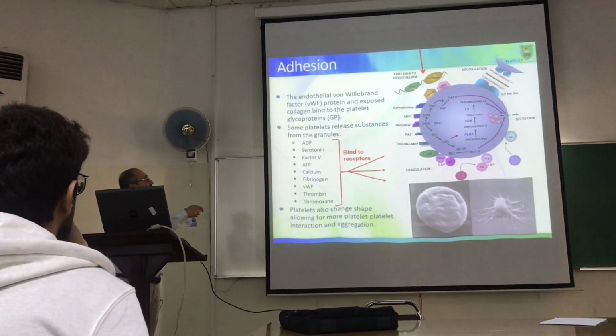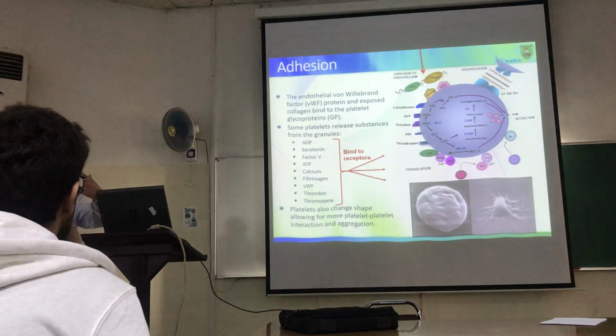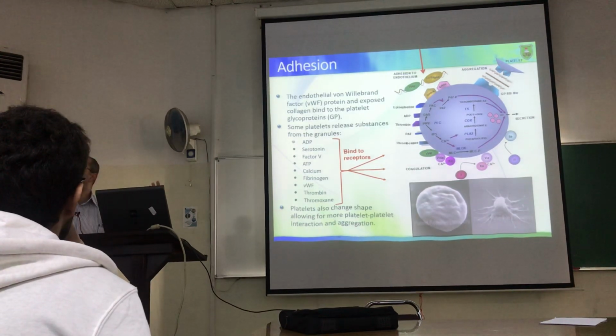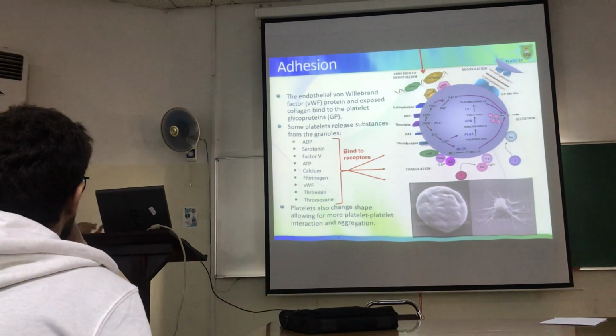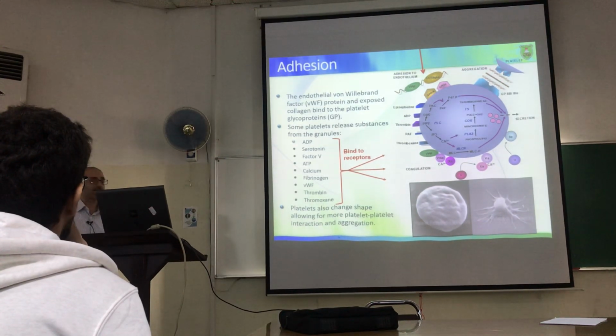Something else is that you have another protein known as von Willebrand factor that also exists in matrix. It's embedded in there. So it becomes exposed to platelets, and it can again interact with integrins, activating these platelets.